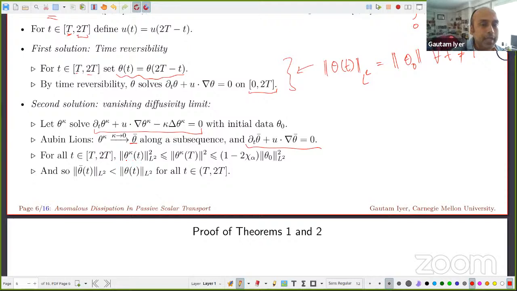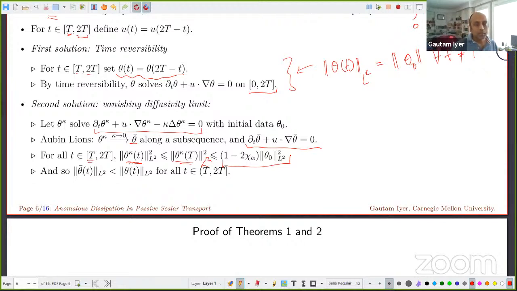Let's look at my diffusive solution at some time little t, which is bigger than capital T. The diffusive solution only loses energy, so the energy has to be less than or equal to whatever energy I had, in L2, at time capital T. But this is my anomalous dissipation result. At time capital T, I have lost a strictly non-zero fraction of my initial energy.